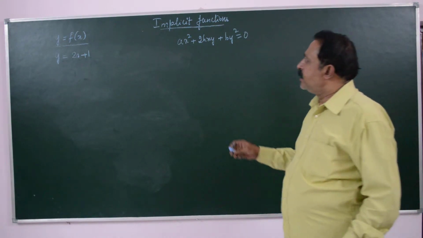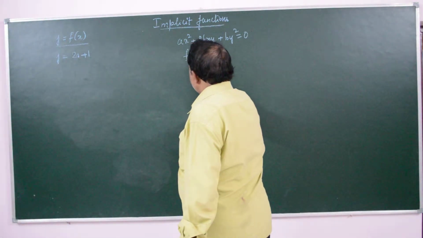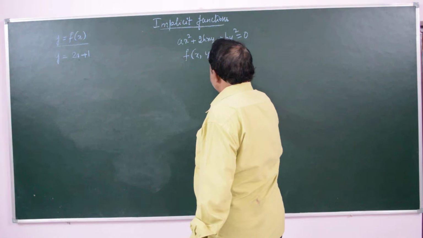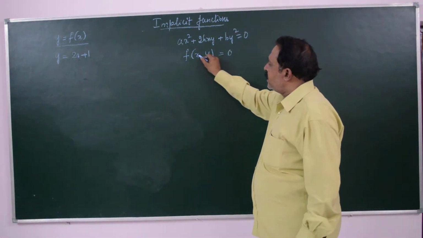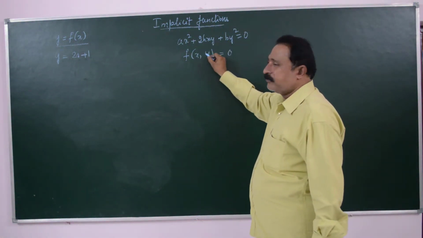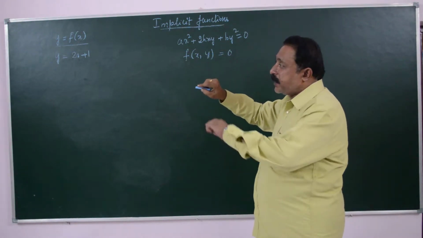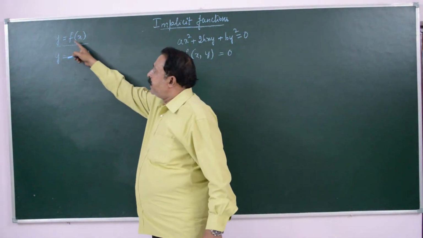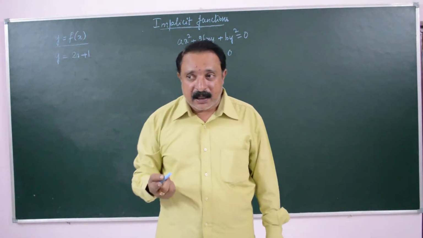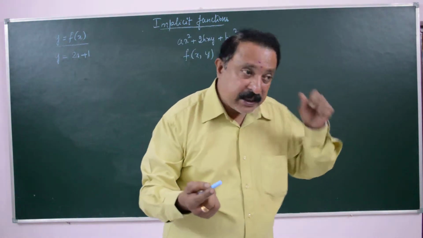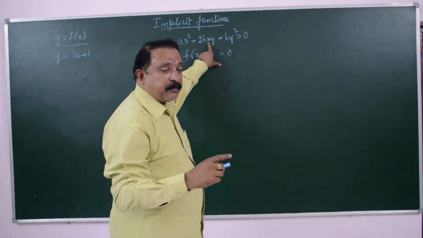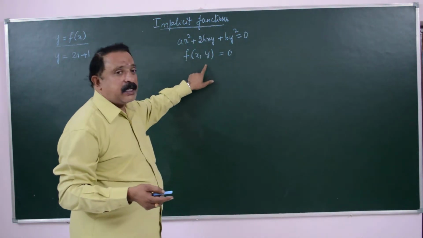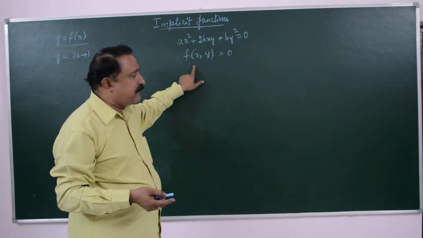It is implicit. So a function of the form f of x comma y is equal to 0, because x and y are present together. You cannot separate them as we have in explicit, where x and y are separated. But in implicit they are together. We cannot separate and identify which is independent variable and which is dependent variable.